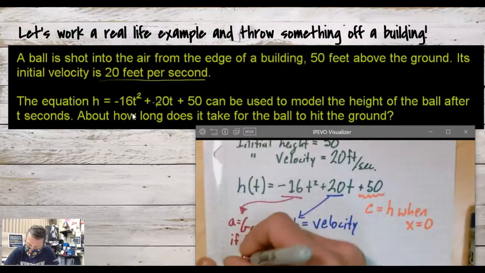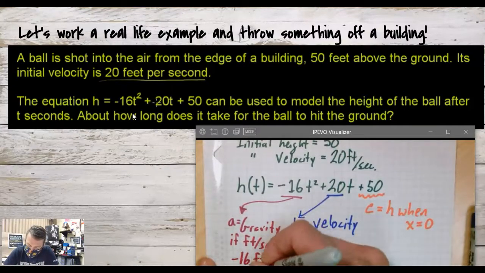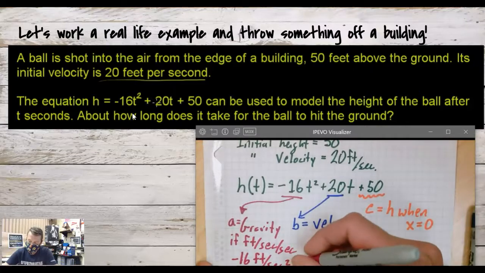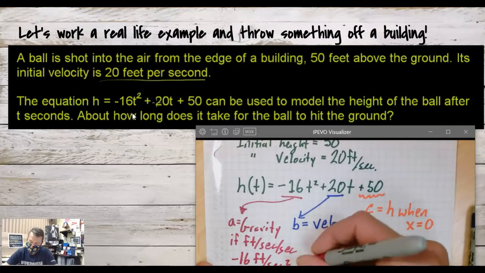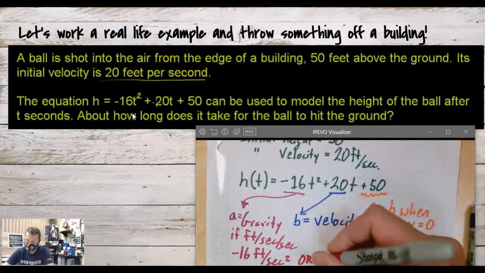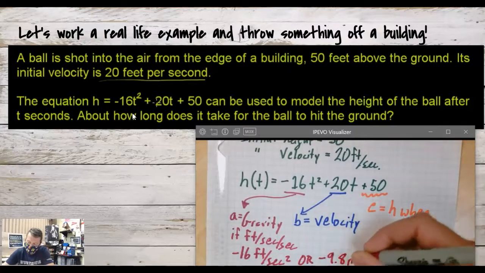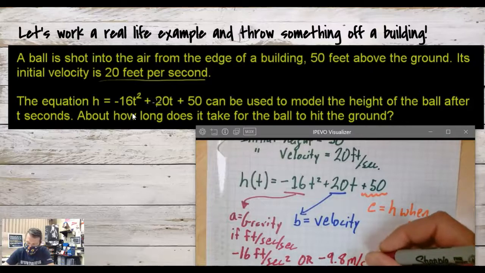So negative 16 feet per second squared is what we call gravity in America, but in almost the rest of the world, if we were using meters, it is negative 9.8 meters per second squared.